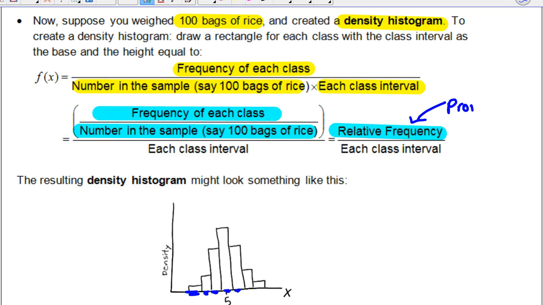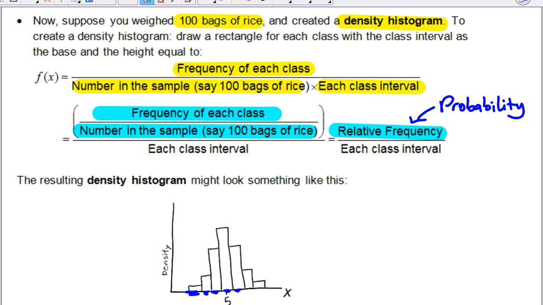This is basically probability for each class interval. If you're conducting experiments, relative frequency is basically probability. Did I write this correctly? All right, good. So that's basically probability.